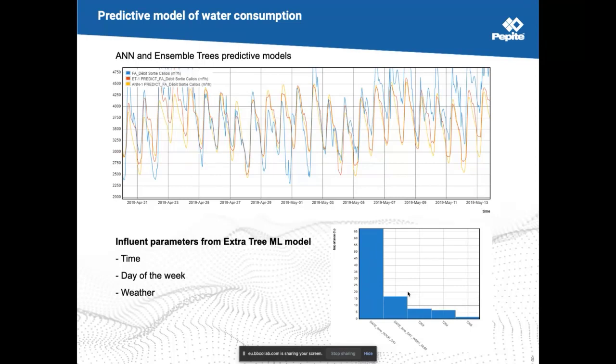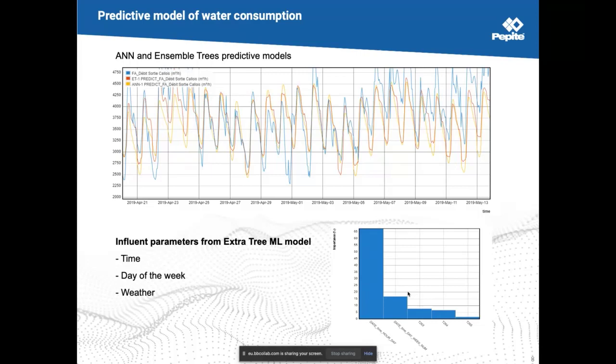This is, of course, very important to have, because one day ahead, you need to know exactly what would be the consumption of water, so that you can better schedule the pumps and deliver the right amount of water into the system. And of course, it's also very important to understand what the main factors are that are influencing this water consumption.